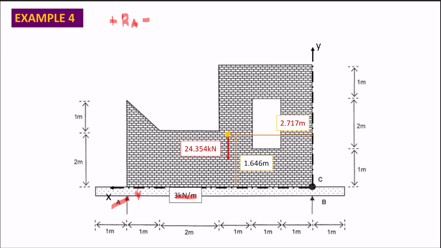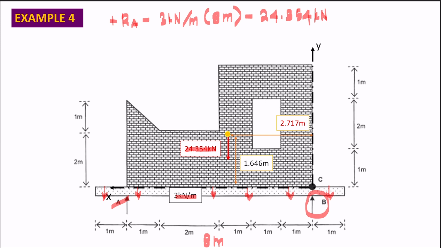So beam adalah loading, so turun ke bawah for the total of 8 meter long. And we also have the load that come from the wall, which is 24.354 ke bawah, so tolak. And we also have the reaction at B, which is plus RB, equal to 0.